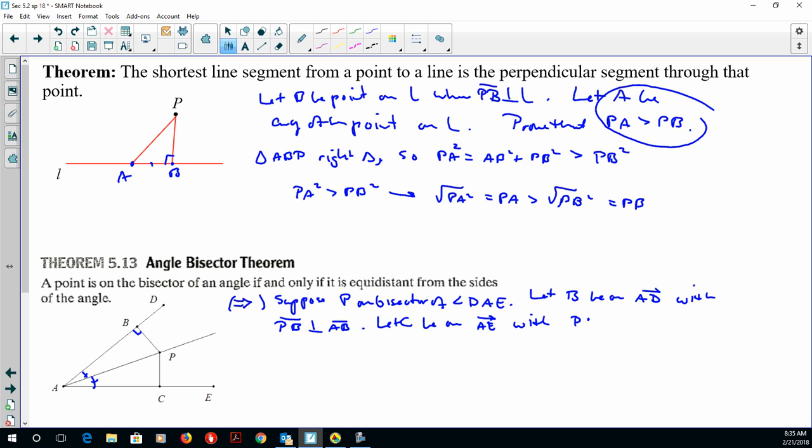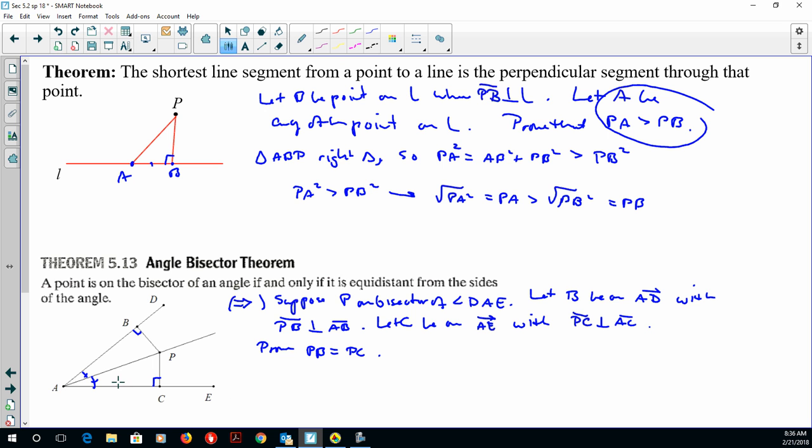What we want to prove is that PB is equal to PC. Okay. So PB is the distance from P to this side of the angle, AD. PC is the distance from P to line AE, or ray AE.